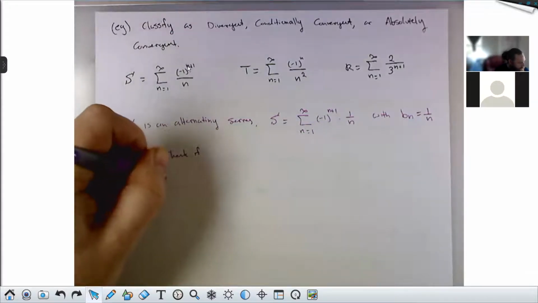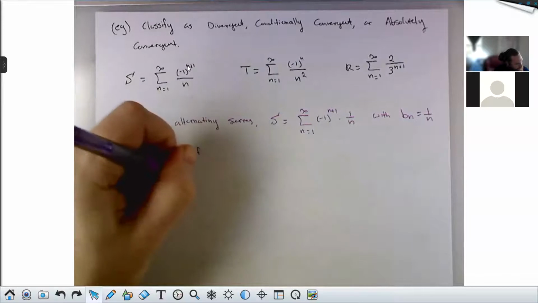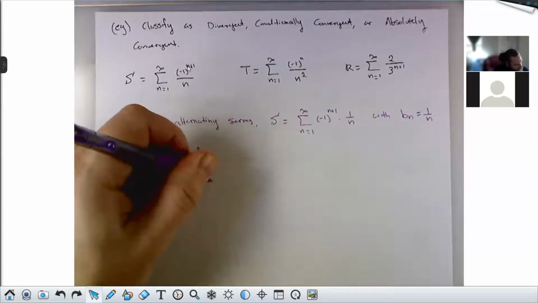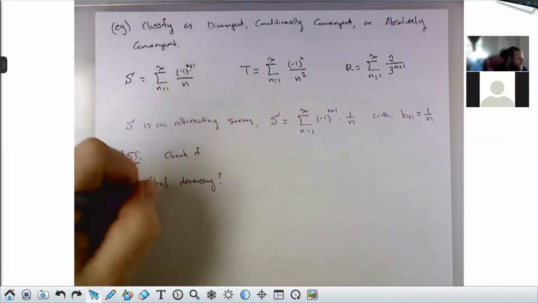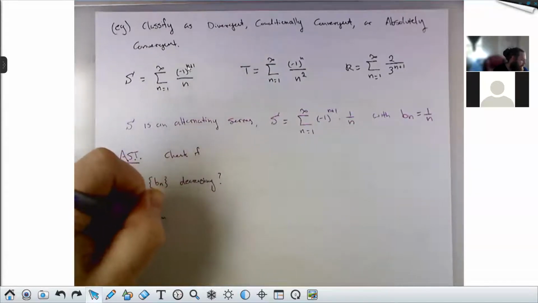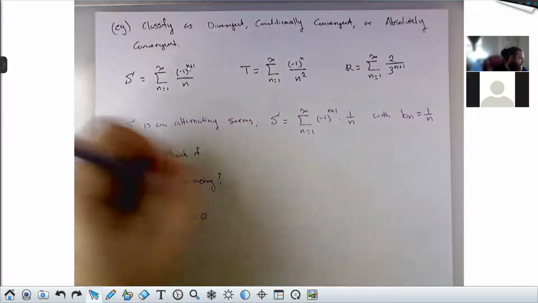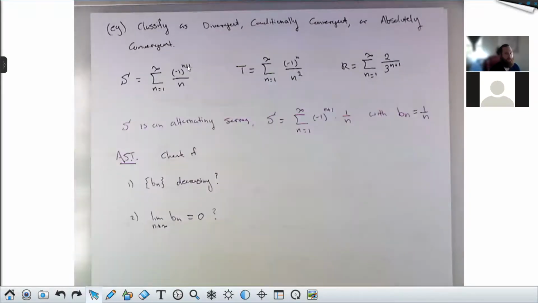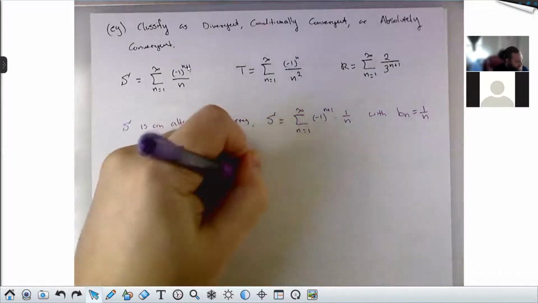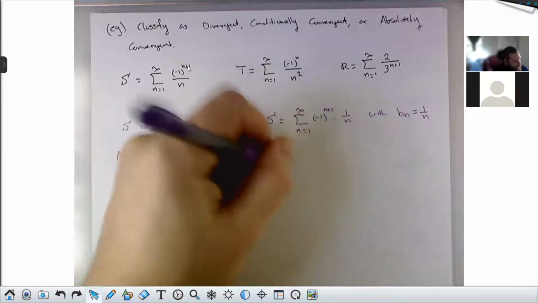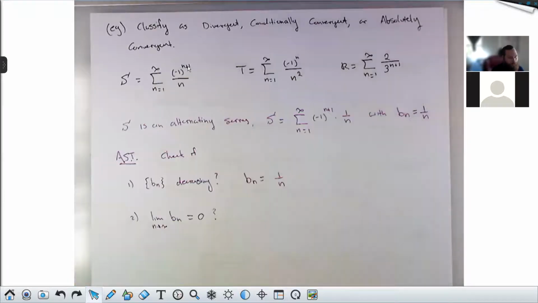So, is the sequence Bn decreasing? And the other thing is that the limit as n goes to infinity of the Bn's is 0. Those are the two questions we need to answer. If the answer to both of those is yes, then we learn that the series S here is convergent. We've done this before. Bn here is 1 over n.